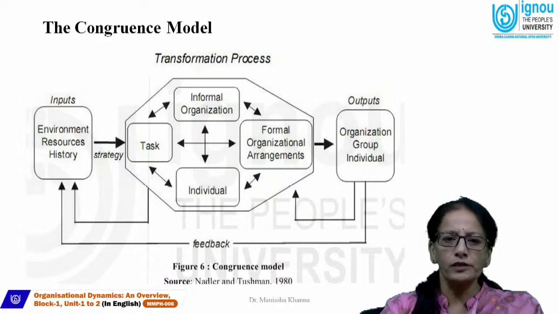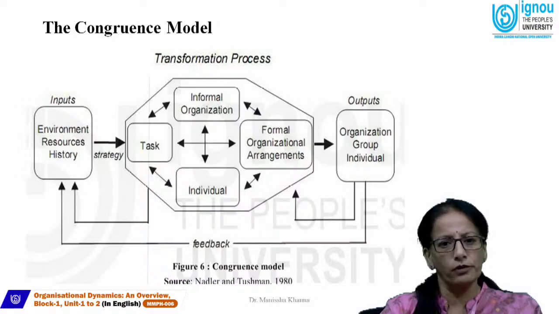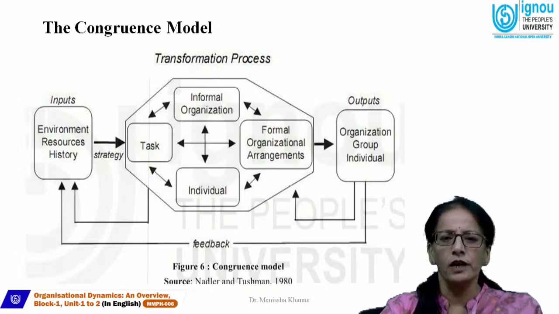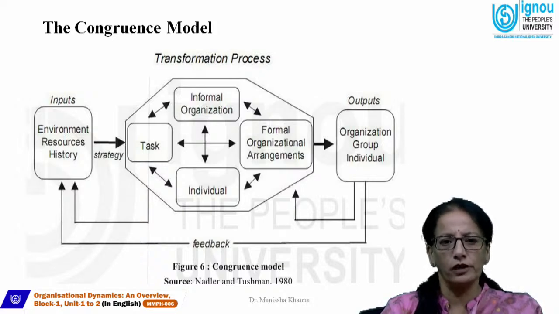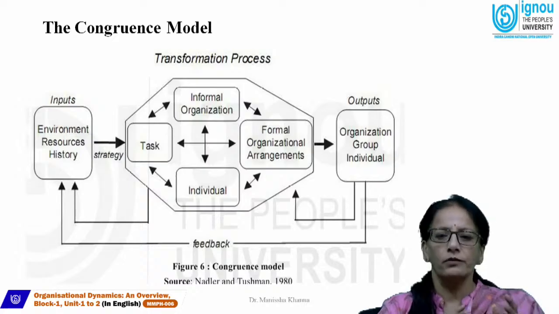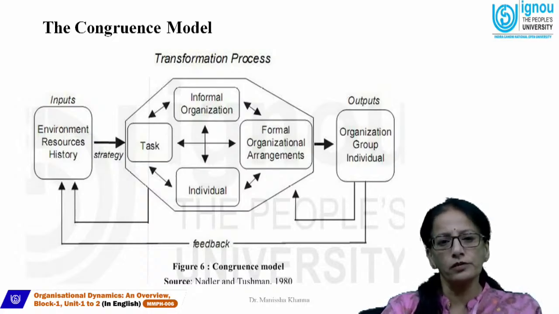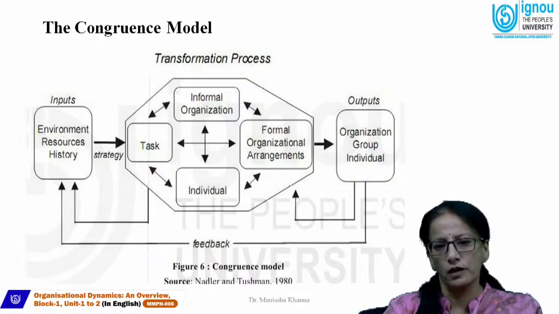On the basis of that, the transformation happens within an organization, which relates with the task, with the informal and the formal arrangements of an organization, and of course with the individual within an organization, which works on the transformation process, which was strategized on the basis of the inputs given to an organization from environmental resources and history.